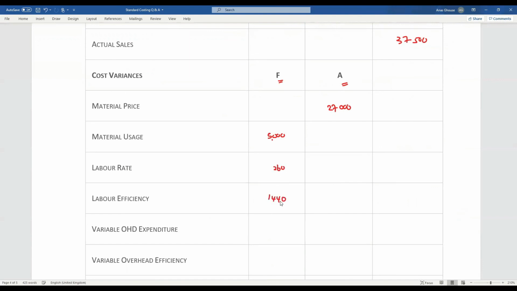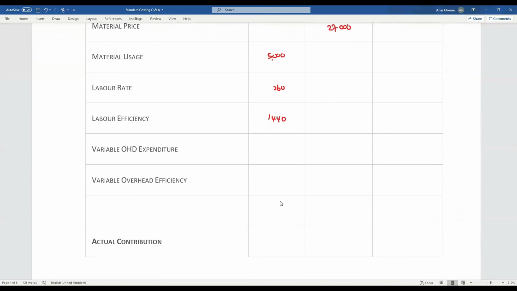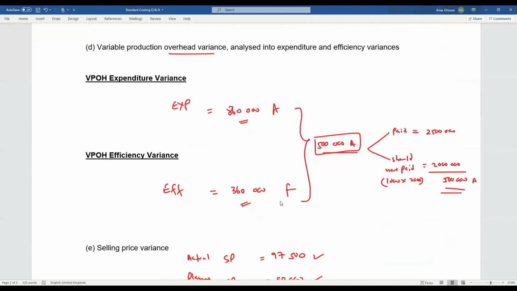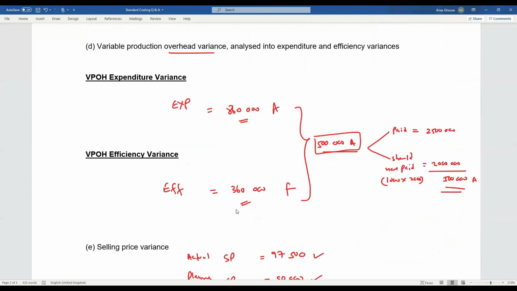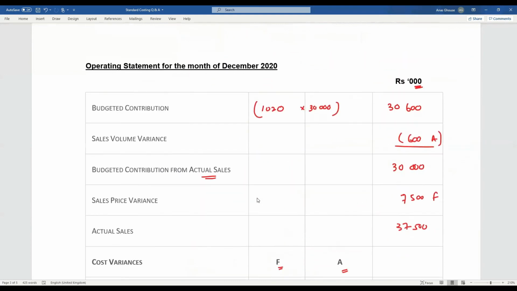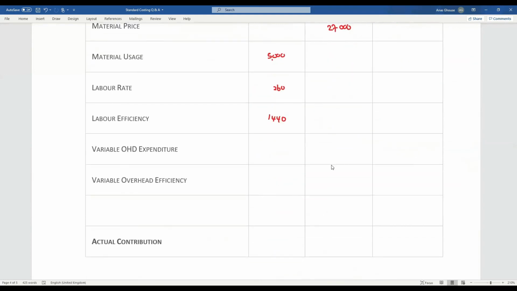Finally, we'll take the variable overhead expenditure and efficiency variance. Expenditure is 860 adverse and efficiency is 360 favorable.